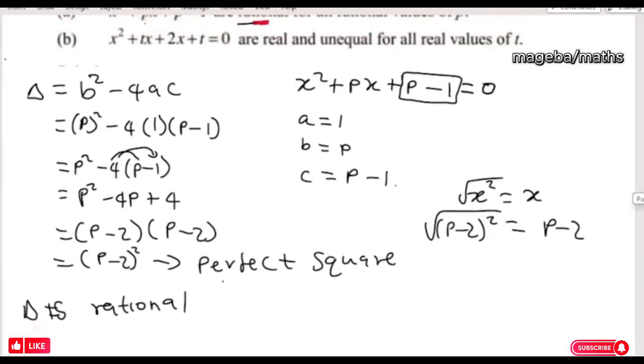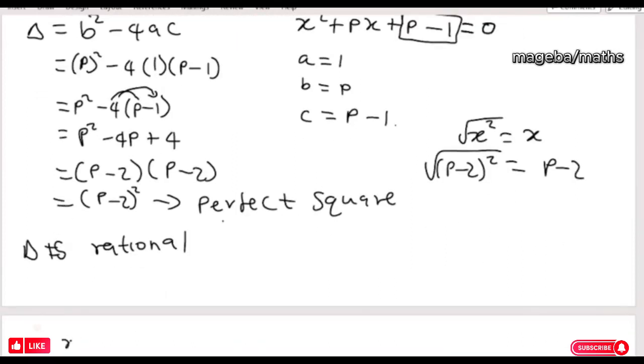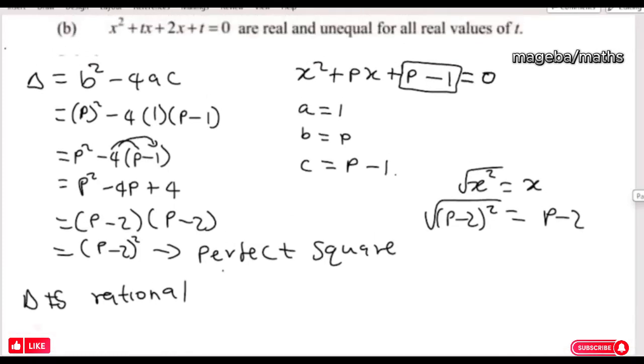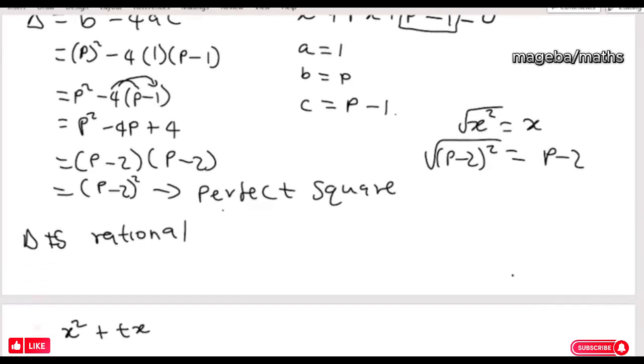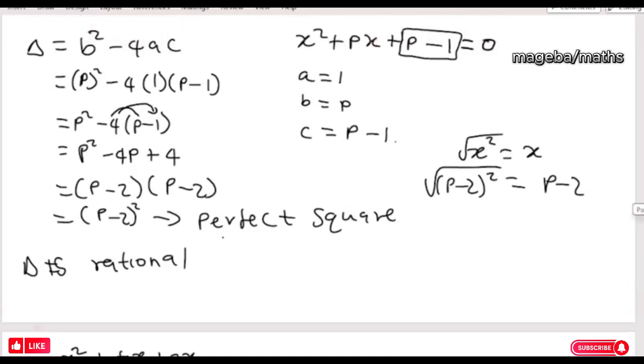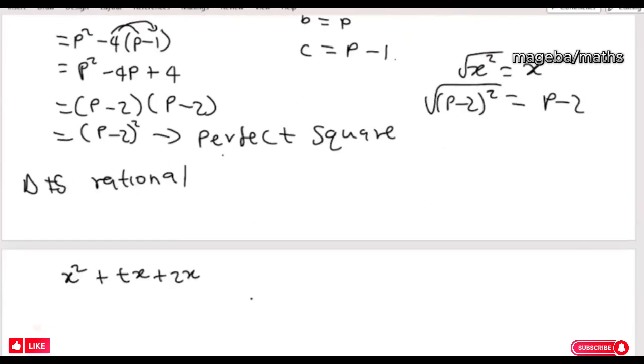Let me copy down the equation. It's going to be x squared plus tx plus 2x plus 1, if I'm not mistaken, or plus t.